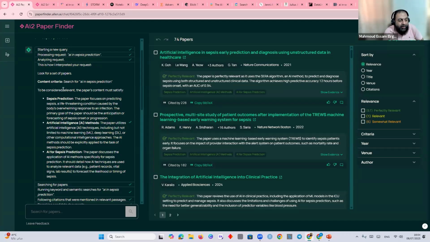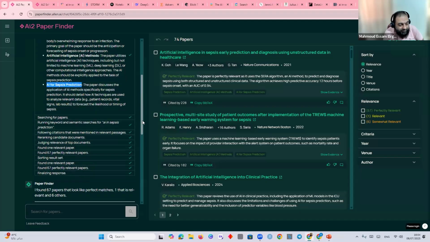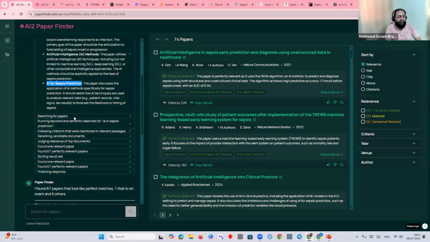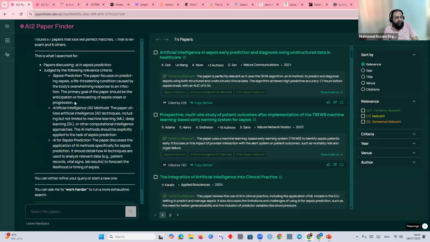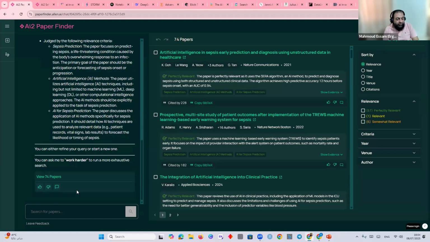But here, they said to be considered relevant, the paper content must satisfy sepsis prediction, AI methods, AI for sepsis prediction, and then they start the process of searching for the paper, running keywords, following citations, re-ranking candidate documents, and so on, sorting and then finding relevant and finalizing the response. And after they search, you can actually ask it to work harder, that I'm not happy, I want you to work more, or you can ask it to refine your search.